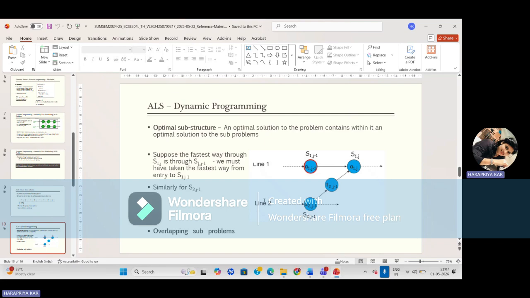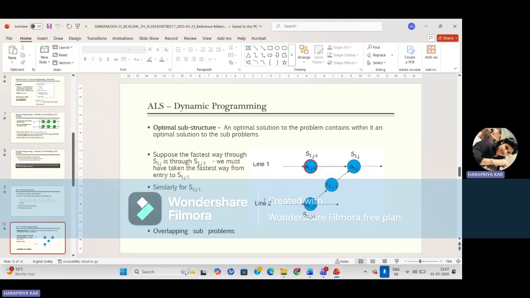In this way, instead of going through all the possible solutions, you can analyze with S1j minus 1, which shows the fastest way from the entry to S1j minus 1. Similarly, you have to check all the cases one by one.